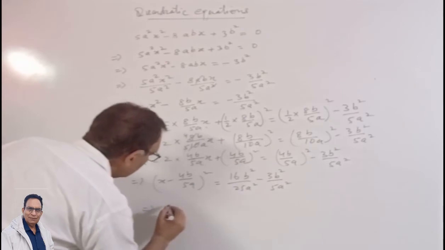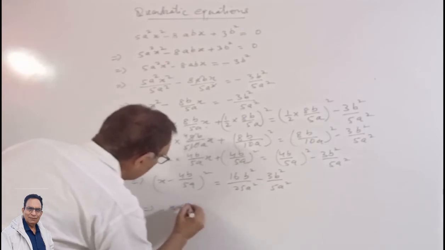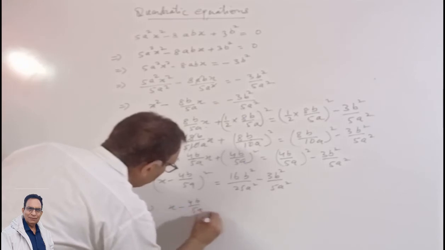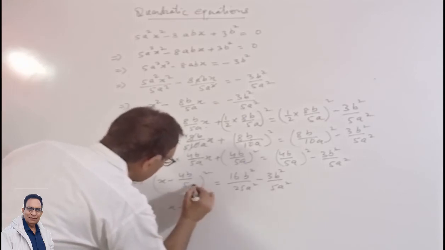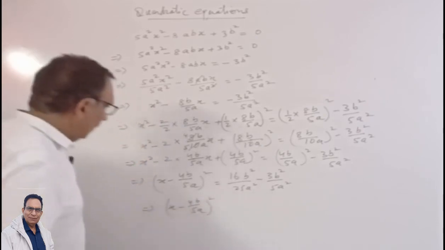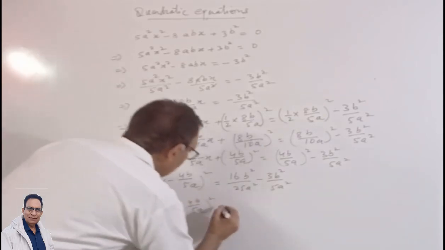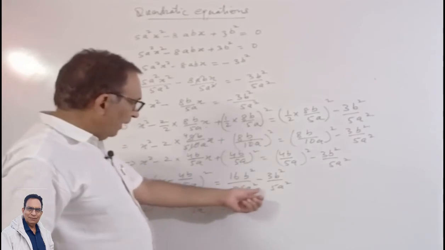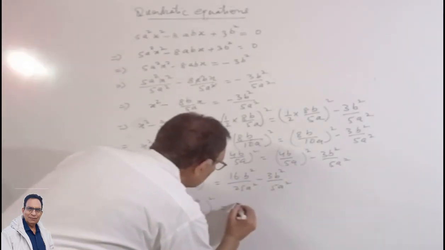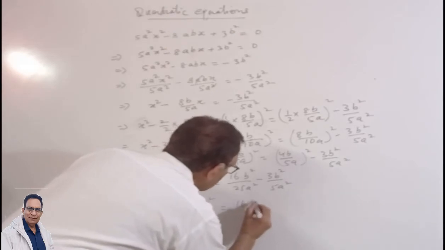Further, x minus 4b over 5a whole square is equal to 25a square is the LCM of it. It comes 16b square.